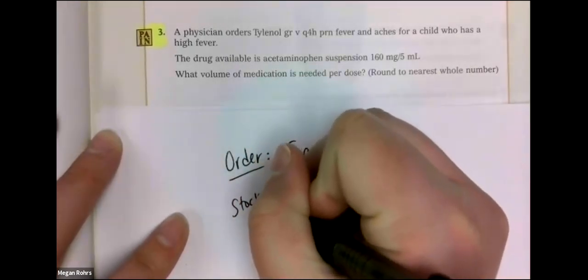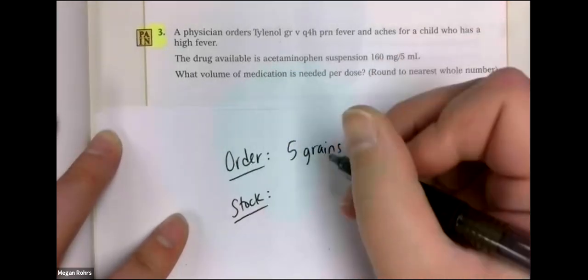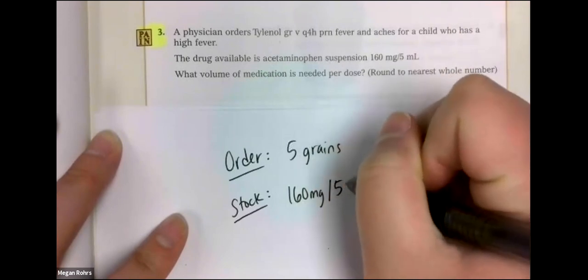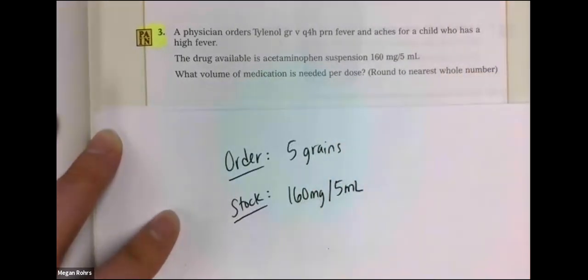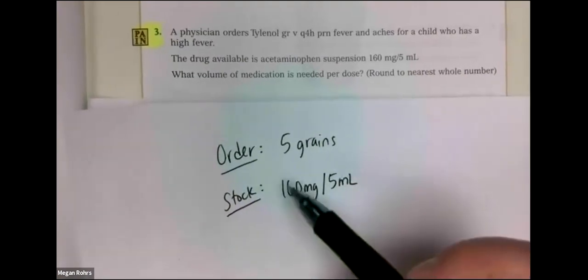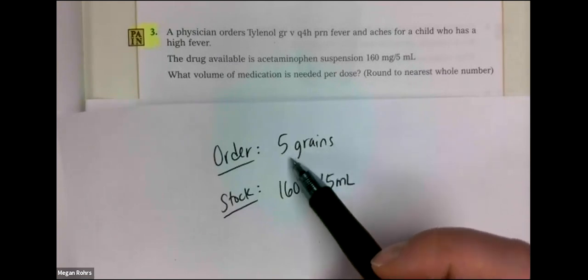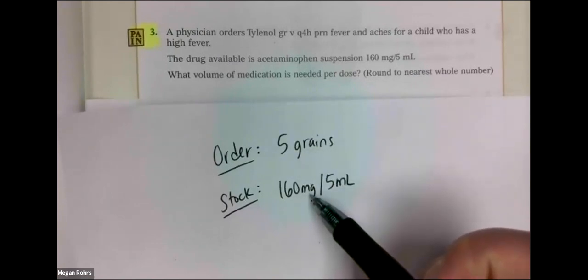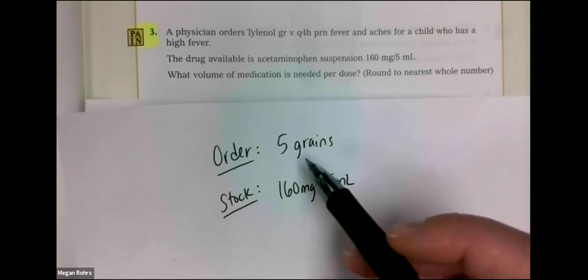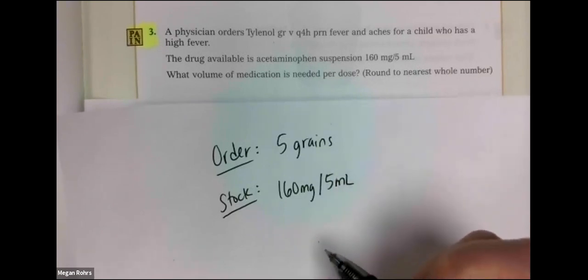And in stock, we have a suspension that is 160 milligrams per 5 milliliters. Now, I can clearly see that I have 2 different units here. I have grains, which is apothecary, and I have milligrams and mLs, which is metric. So the first thing I need to do is convert these grains into milligrams.